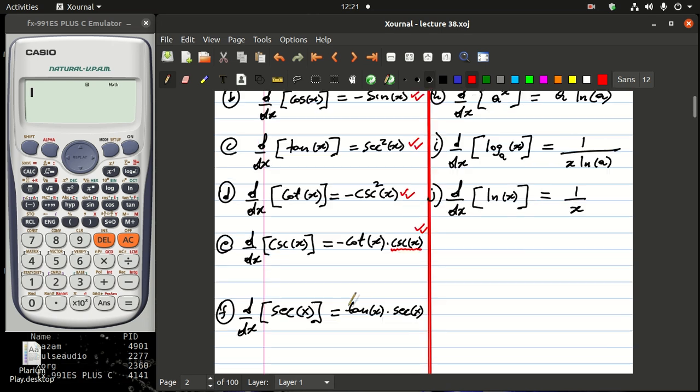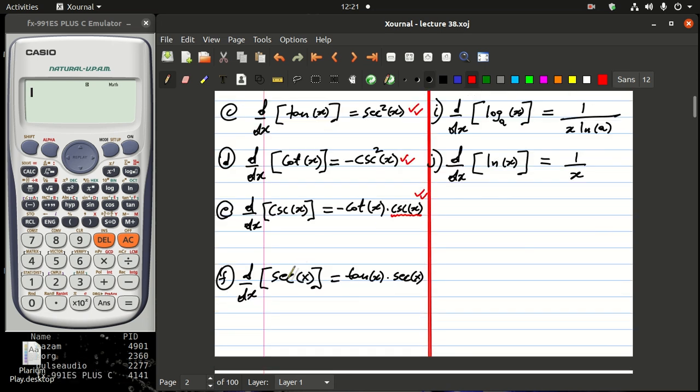And now when we are dealing with secant x, you can see that tan of x is secant squared x, therefore the derivative of sec x is going to be tan x times sec x. Here we have a positive sign. It's only cot and cosecant that have a negative sign, so we have this nice thing.